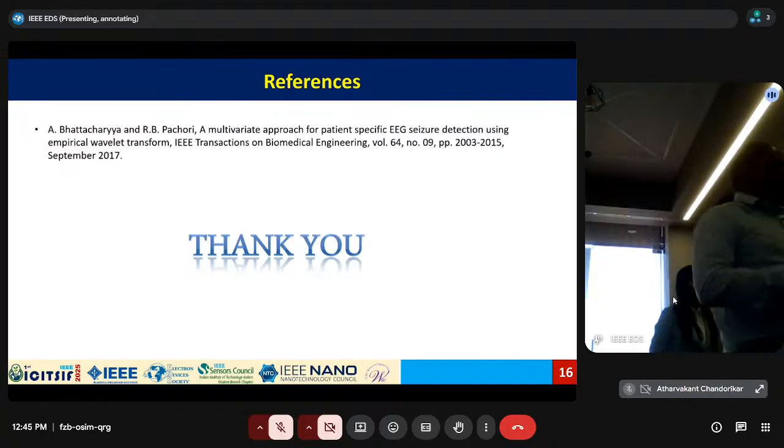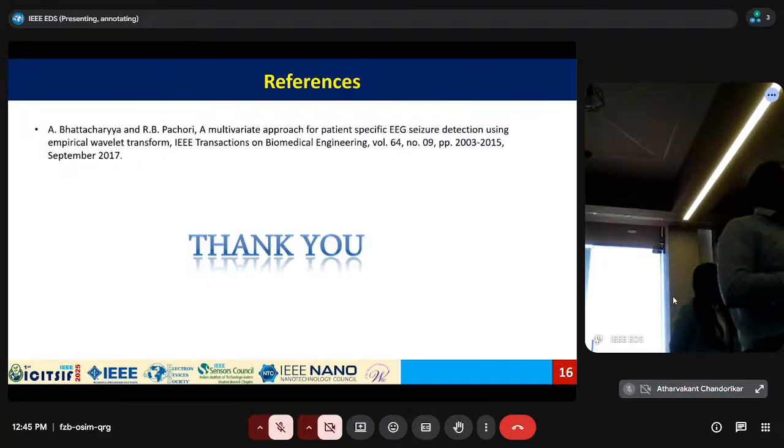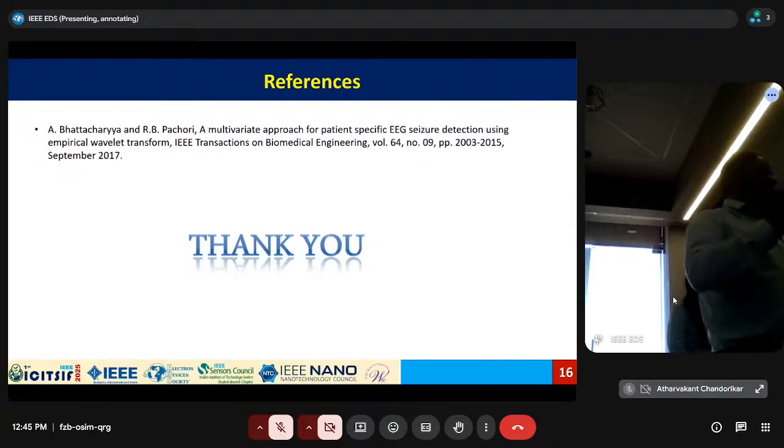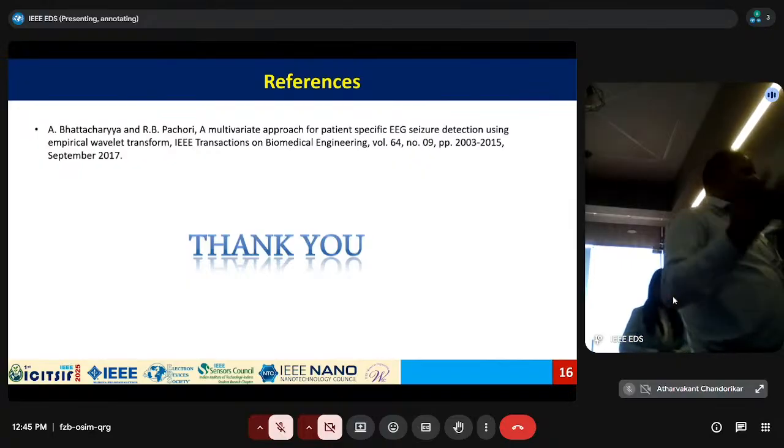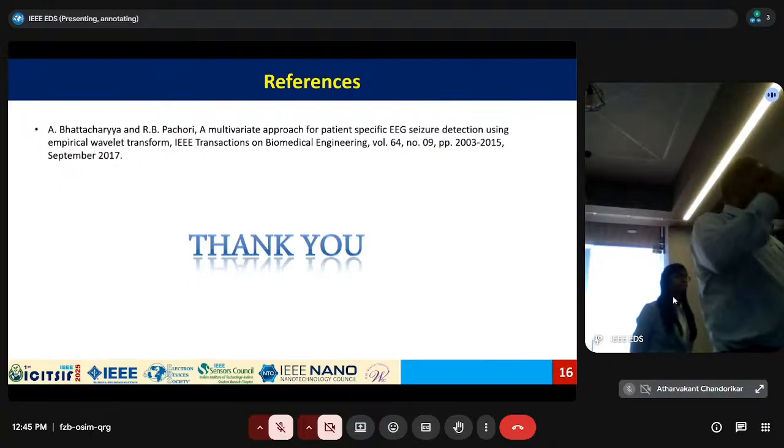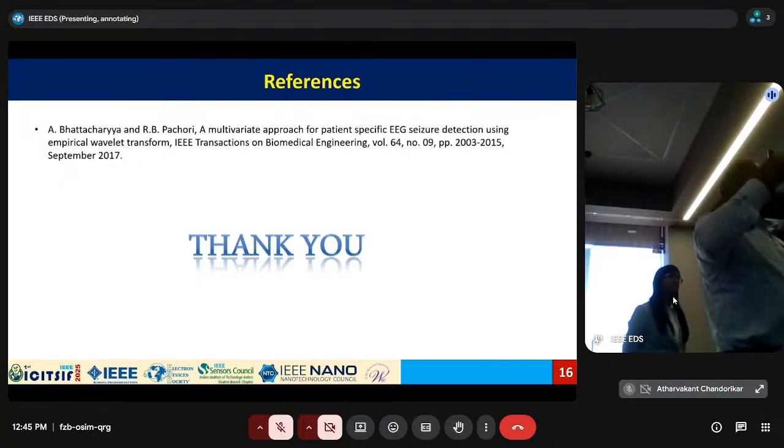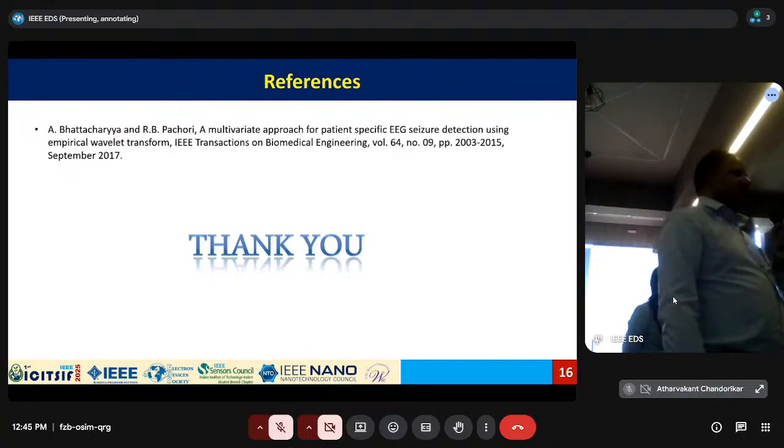Single channel and multi-channel. Sometimes you don't have multi-channel data. Sometimes you have one lead ECG, so there is a multi-modal concept. We use EEG and ECG together. EEG may be multi-channel, ECG may be only one, so the hybrid approach can be used.